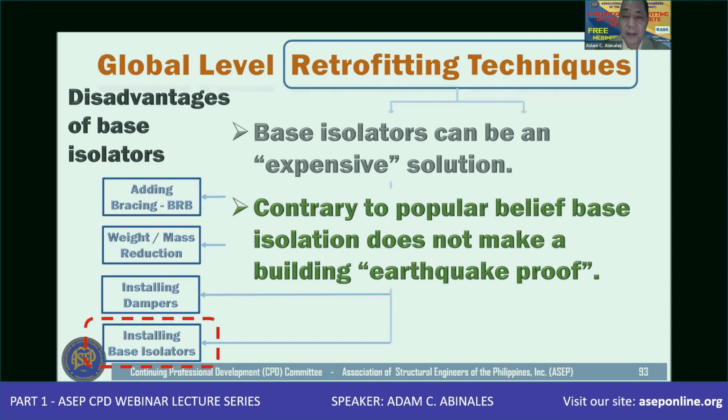Well, this is a debatable statement or phrase about an earthquake-proof structure. I have been talking about seismic retrofitting and I only use the term earthquake resistant; I do not use the term earthquake proof.